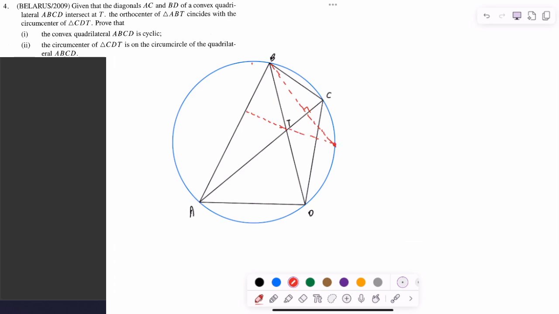So let's call the orthocenter of ABT O. If you drop perpendiculars from all three sides, this one would be something like this. So O is the orthocenter, as you can see.